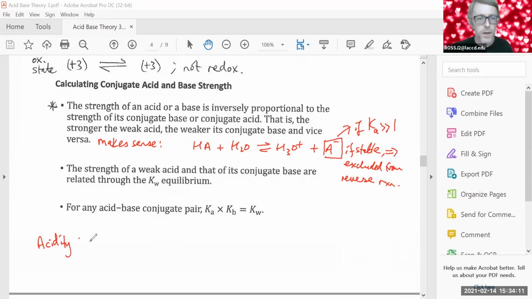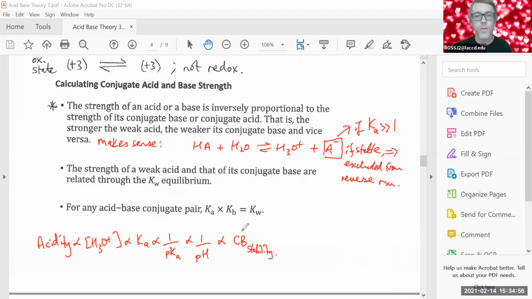Acidity is proportional to hydronium, is proportional to Ka, is proportional to 1 over pKa, is proportional to 1 over pH, is proportional to conjugate base stability.